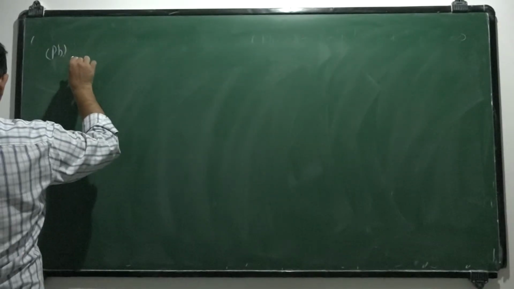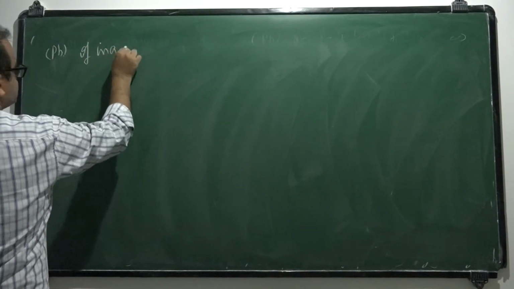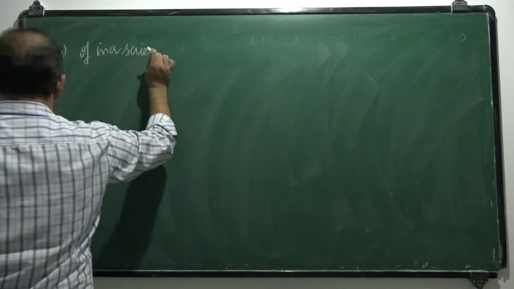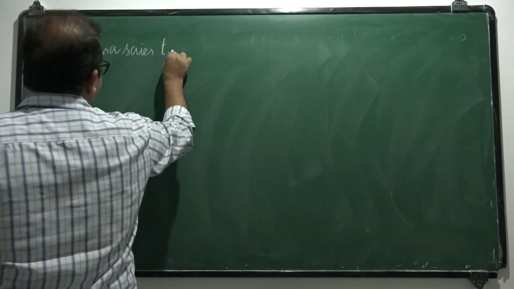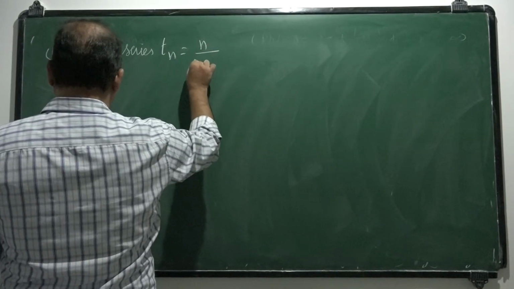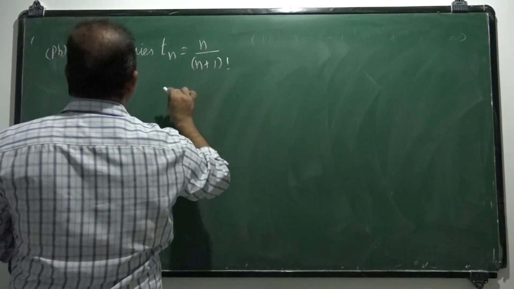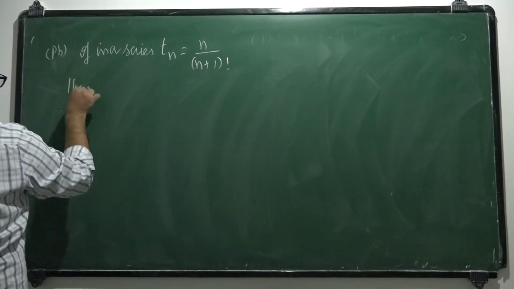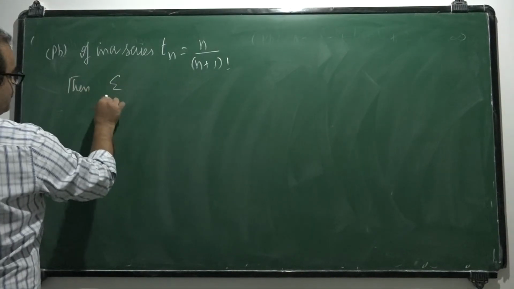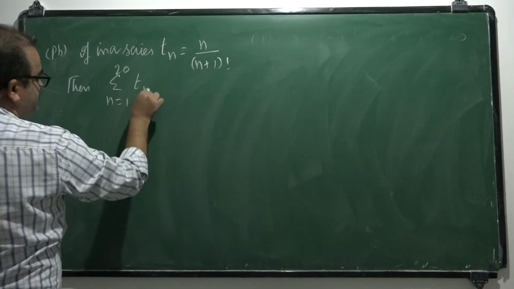Next, if in a series Tn is equal to n by n plus 1 factorial, then sigma n is equal to 1 to 20 Tn is equal to.